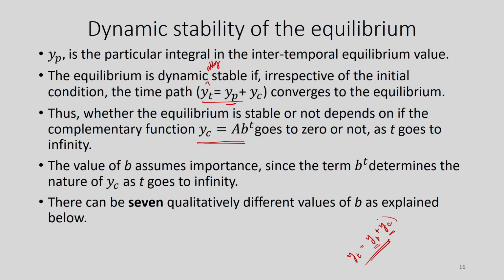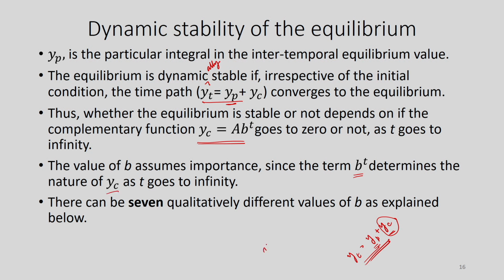So, if this part slowly gradually drops out, it dies down, then y t converges to y p, right, and in that case we are saying that the equilibrium is stable. Now, the value of B assumes importance in this context, since the term b to the power t determines the nature of y c as t goes to infinity.